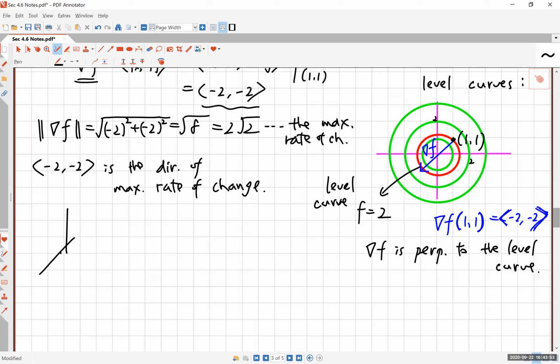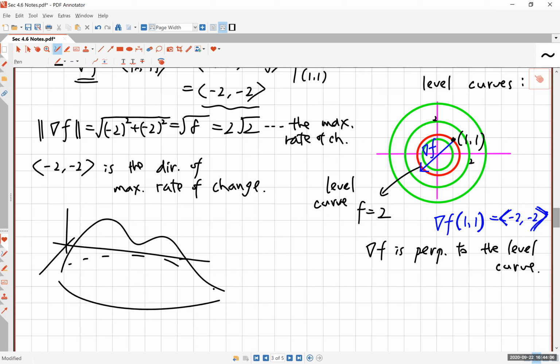Now maybe I can illustrate this again. If you have a two-mountain topography like this, let's say you have a geographic place like this, and sort of like what you see around here, you have lots of these hills.